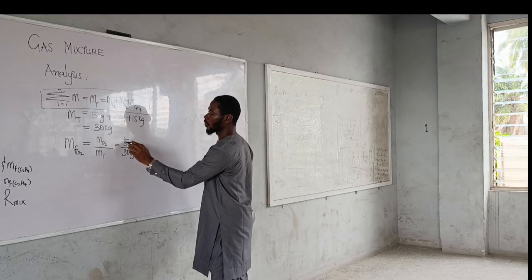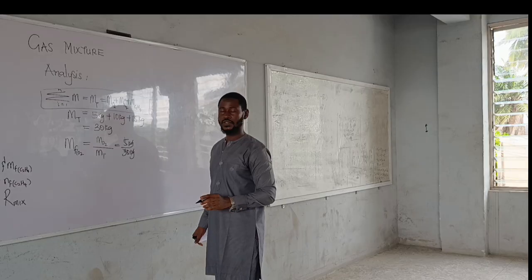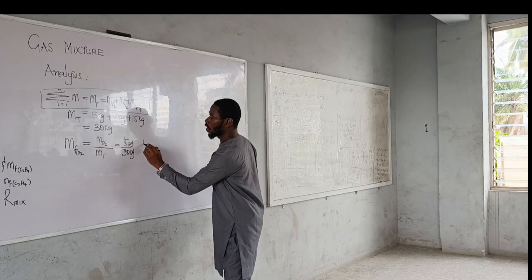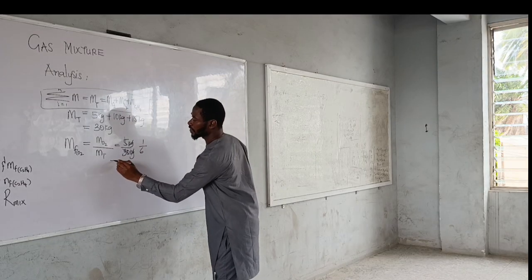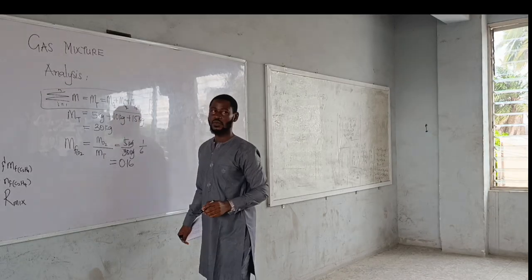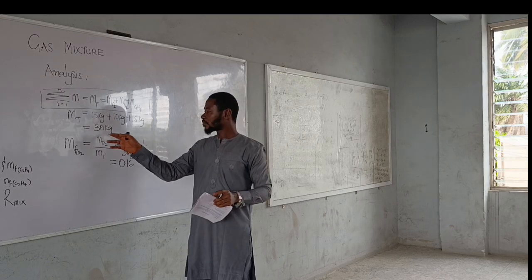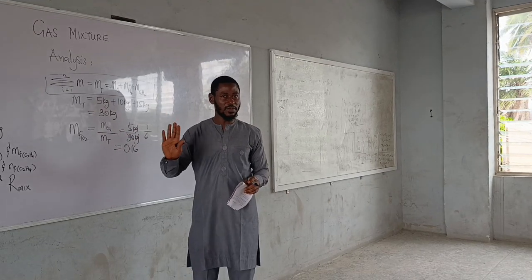This cancels this: 1 here, 1 in 5 in 30, that is 6. 1 over 6, which is equivalent to 0.16. That is the mass fraction of oxygen present in the mixture.